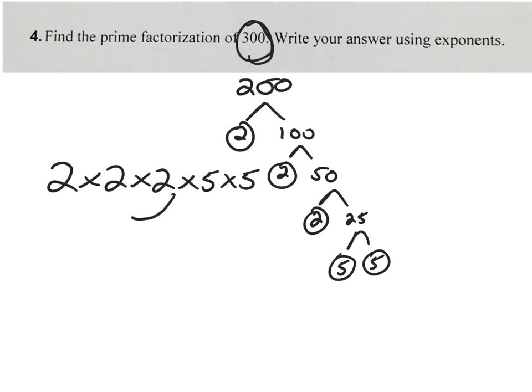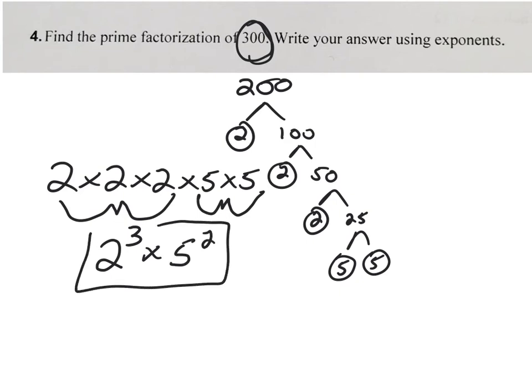So we have 3 2's. So we want to write it using exponents as 2 to the third power times, and we have 2 5's, 5 to the second power. So that is the prime factorization of the number 200, which is very similar to the one you have to do, which is 300.